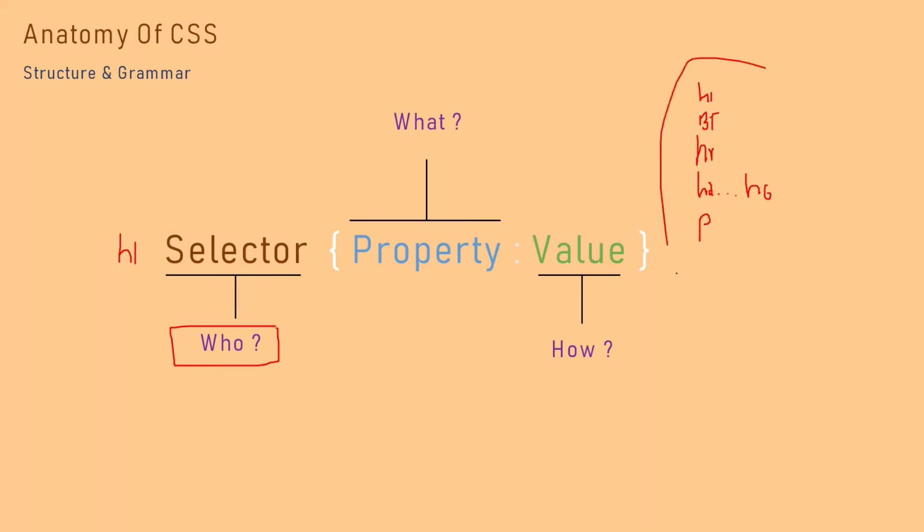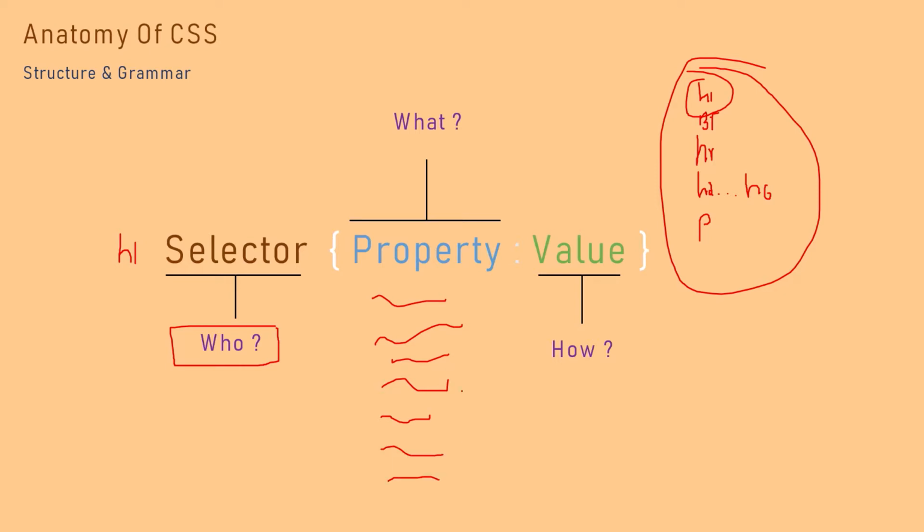For all of these, first we have to select who, the target. So we selected h1. After selecting who, we say what the property needs to be, like background color, size, border style, width, or padding top, padding bottom. You'll learn all that eventually, but I'm just giving examples.